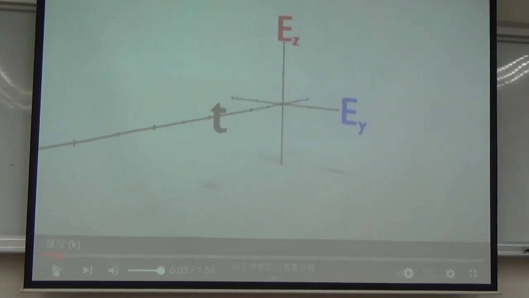Plus E exponential minus j k x, also x, moving in x, right? Exponential j omega t and z. The unit is V per m.